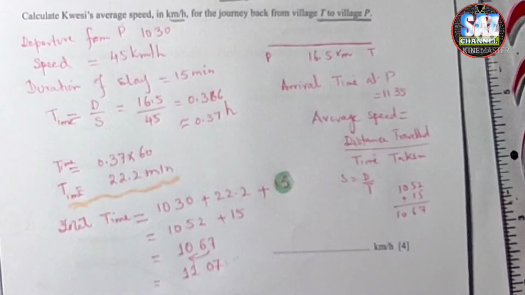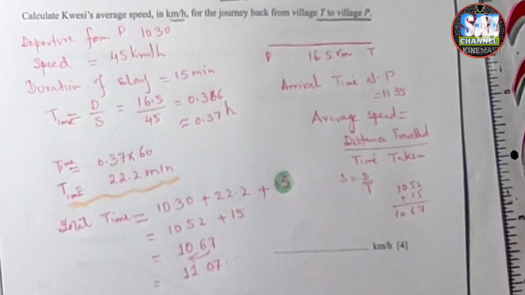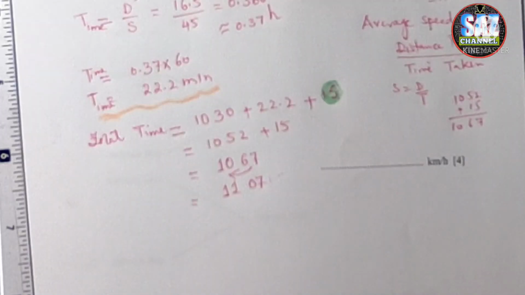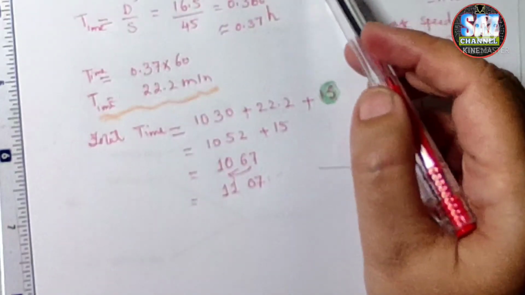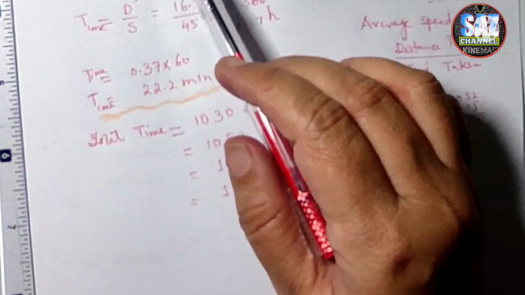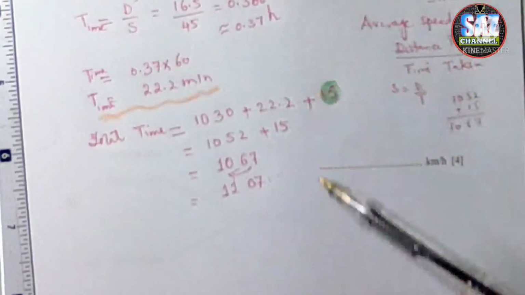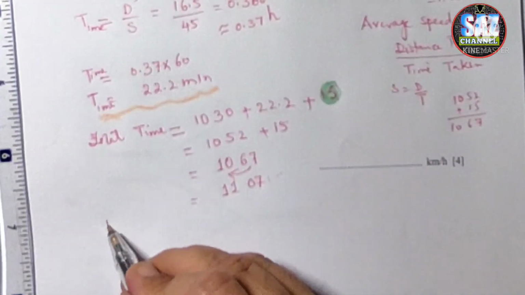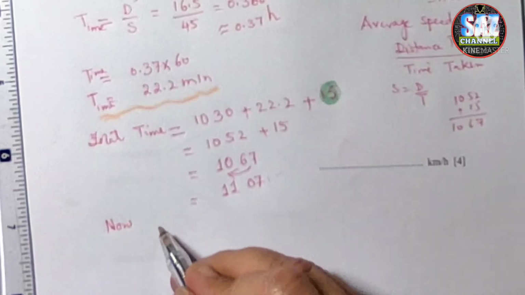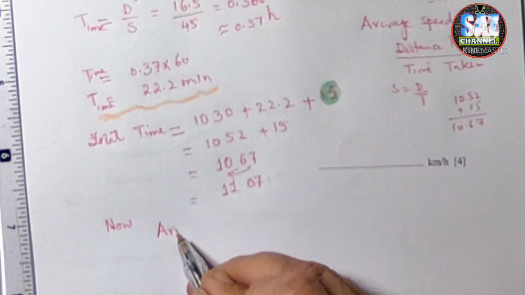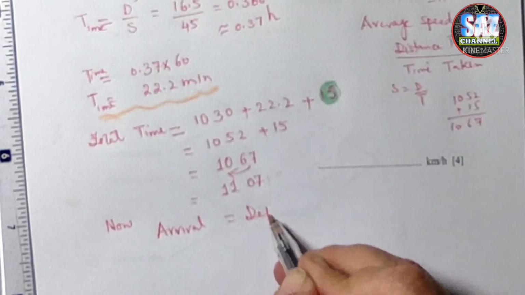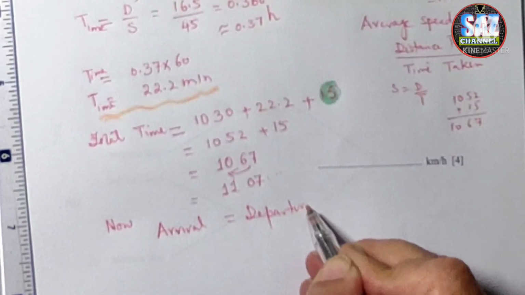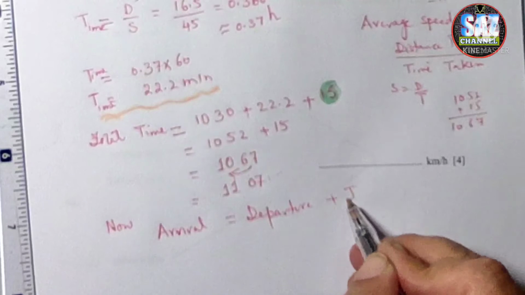Now see carefully that this 11:35 is the arrival time. He drives back to village P and arrives there at 11:35. Arrival equals departure plus journey time.